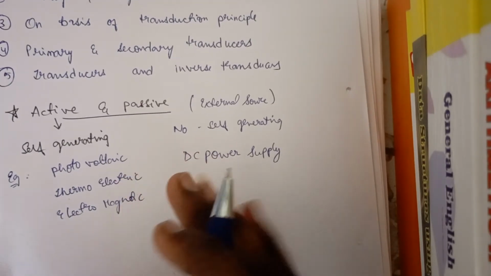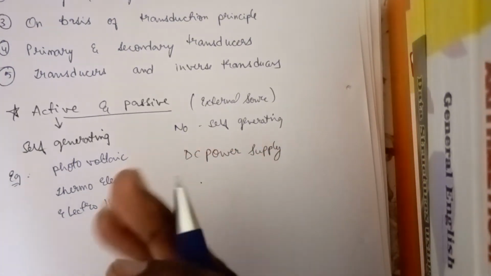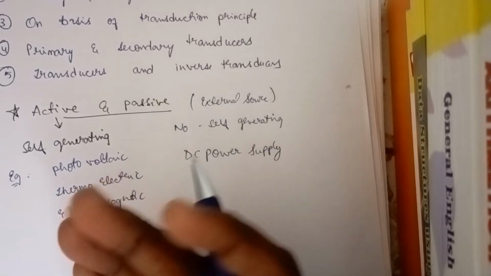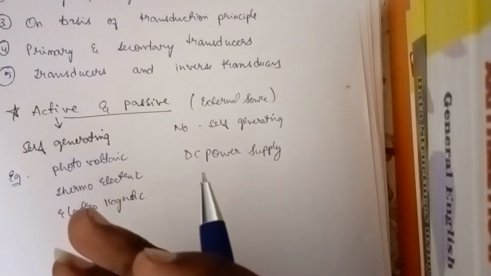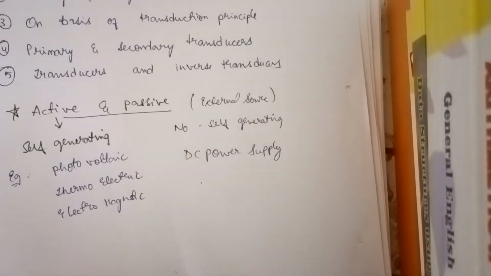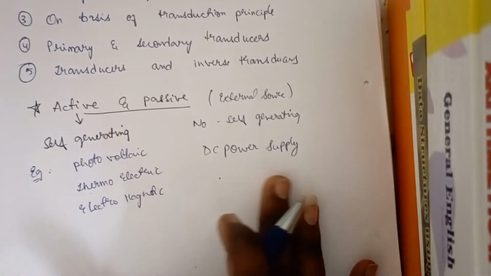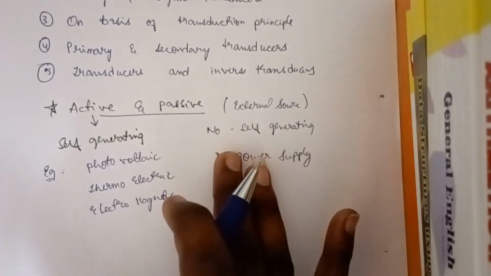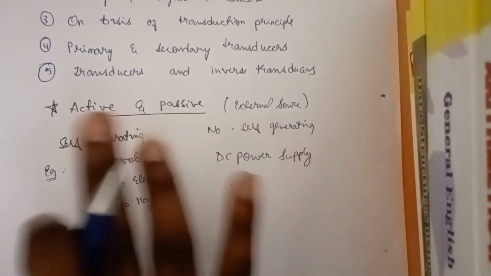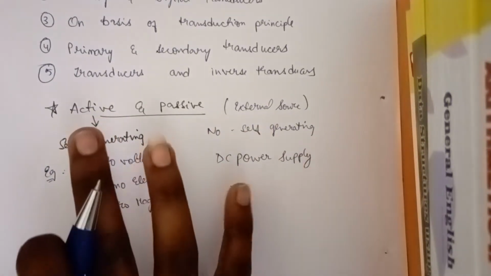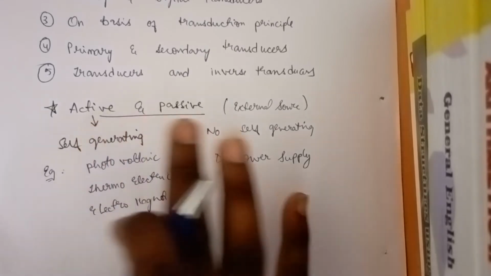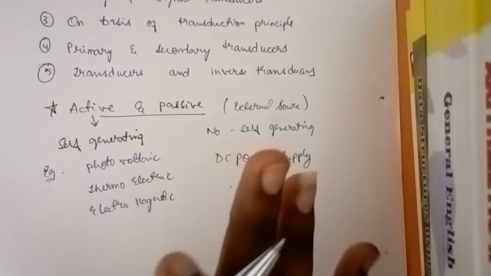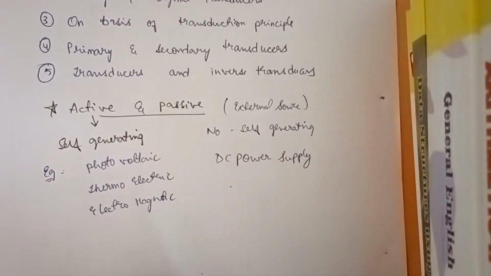So their output will be in terms of electrical parameters that will have some quantity to be measured. This is about the first type of classification, active and passive transducers. The main difference is that active transducers do not require an external source, whereas passive transducers require an external source.